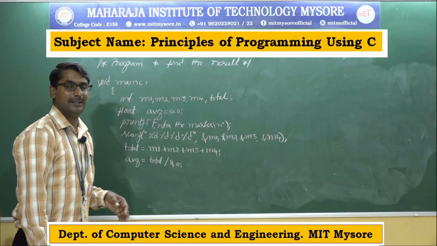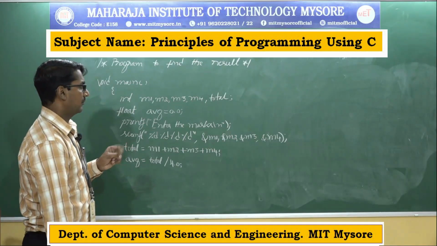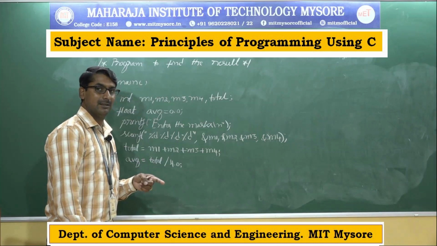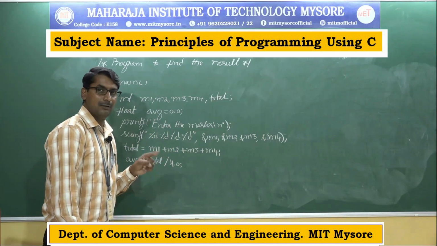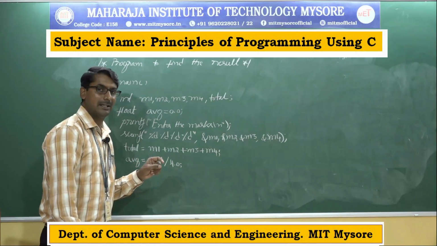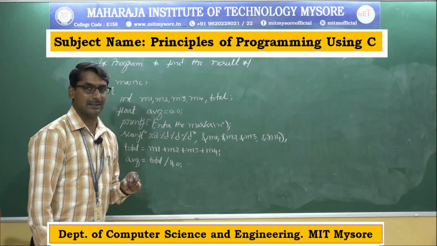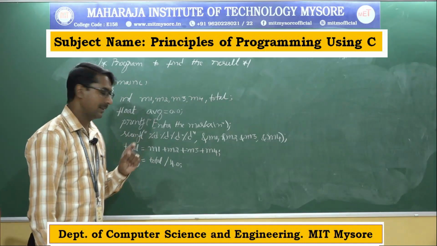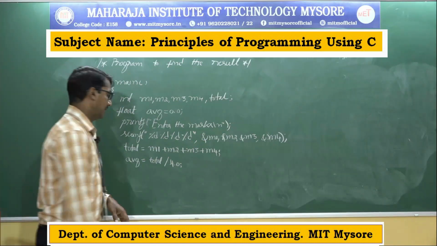If it is below 35, then the subject is fail. So we need to verify all 4 subject marks, which must be greater than or equal to 35. If any one of the subject marks is below 35, then the result is fail.